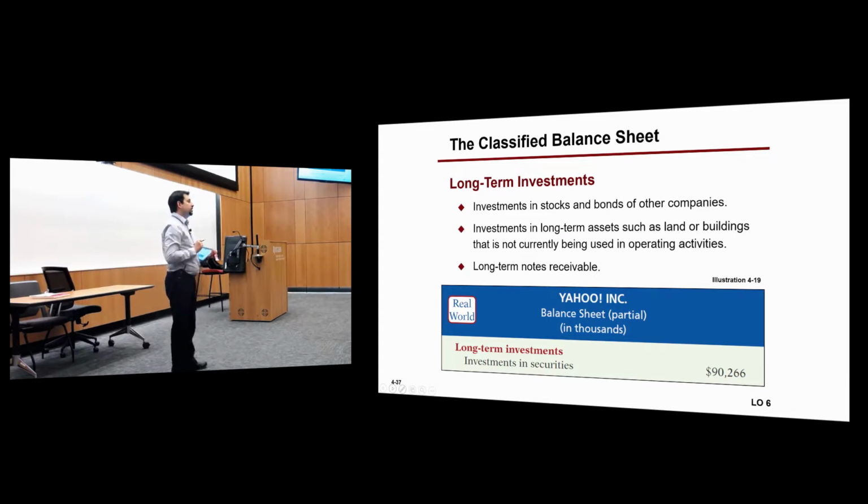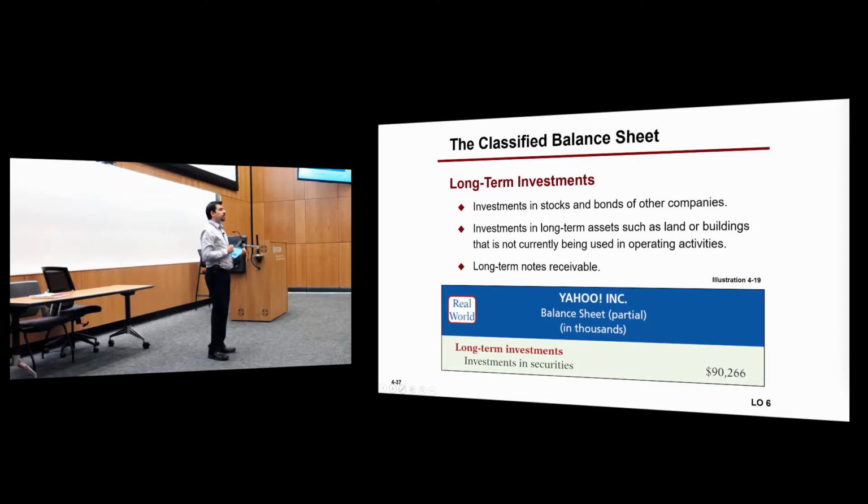Same thing with liabilities, actually. If you have a long-term debt that will mature this year, remember the notes payable? If it's a notes payable for 5 years, however, it's coming to maturity this year, then it becomes a current liability.